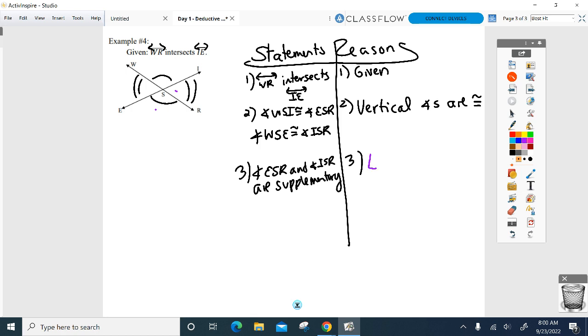So we say linear pairs are supplementary. And I understand it right now. You're like, how am I ever going to know to write that? You're going to do so many of these, it's going to become second nature. Oh, they're supplementary because linear pairs are supplementary.